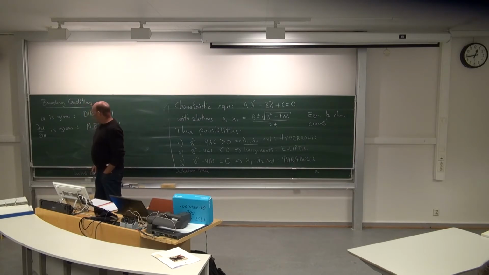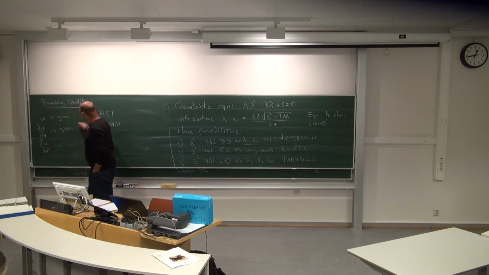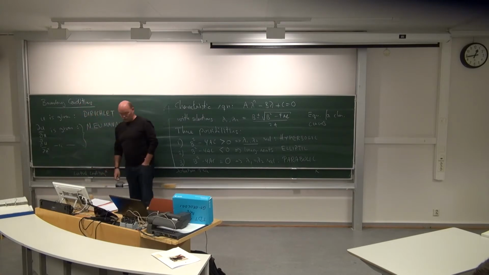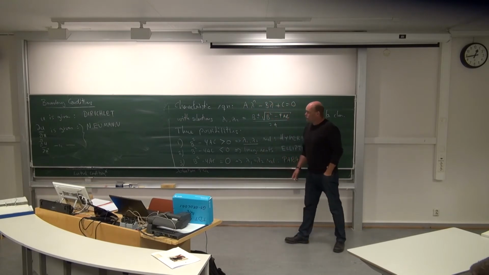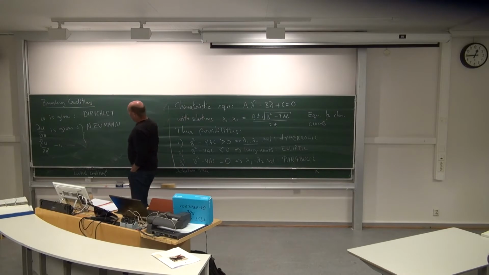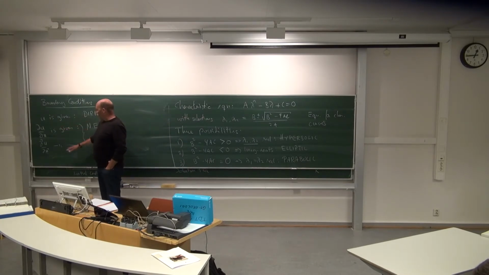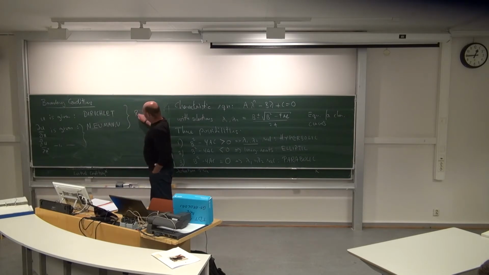And then you can even have higher order as well. Still Neumann condition. And finally, if you have a mix on a boundary, you have given u and the derivative as well. It's quite rare, but sometimes it happens.